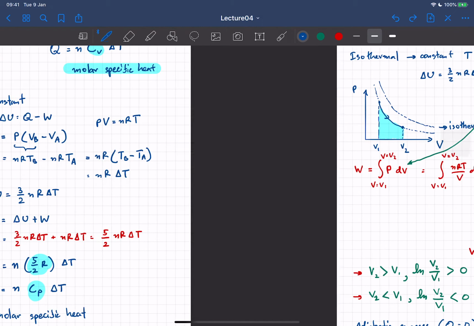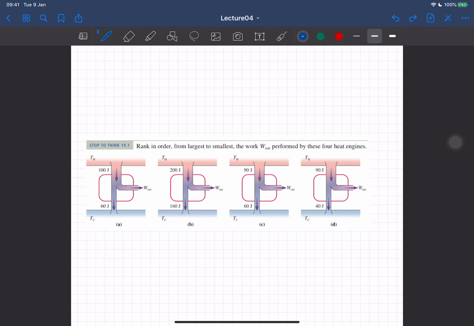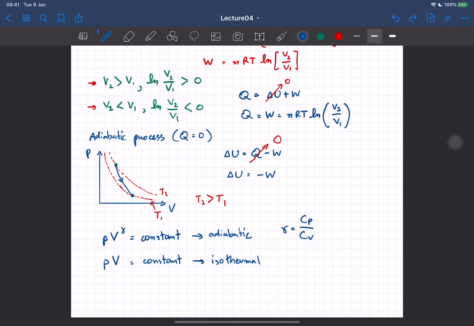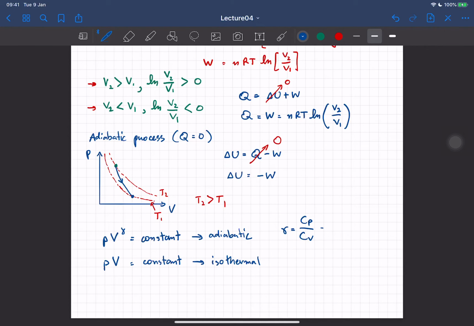So in a sense, gamma is just a number, because Cp is 5/2 R and Cv is 3/2 R. Then you tidy up the number a little bit. Gamma is just 5/3.